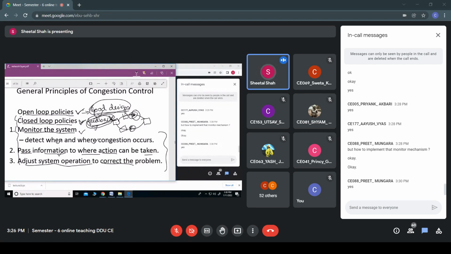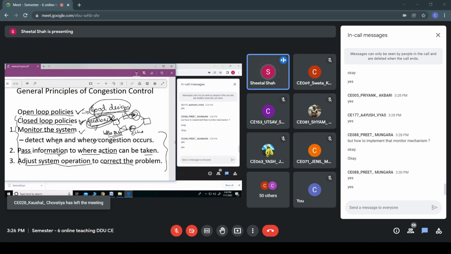Now, there are also some hello packets. You might have studied these hello packets, echo packets, etc. These packets are specifically used to monitor the network.